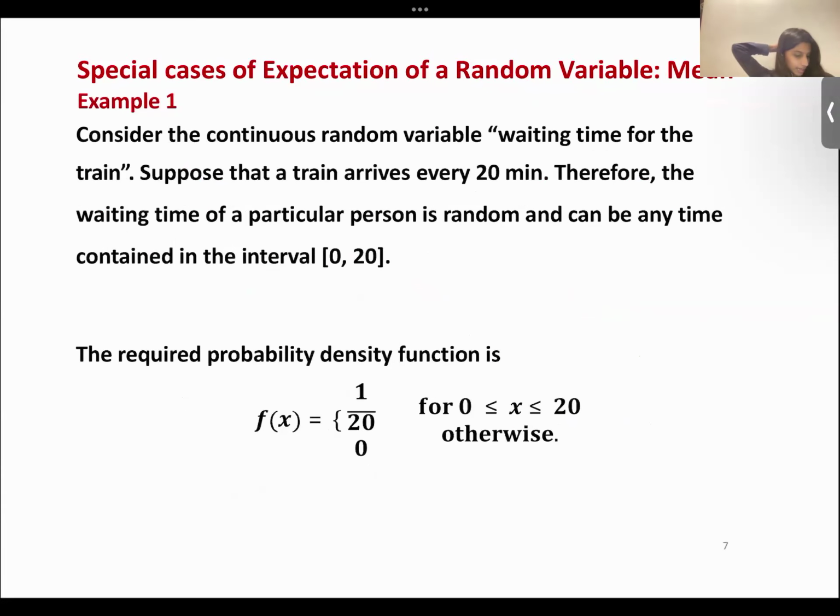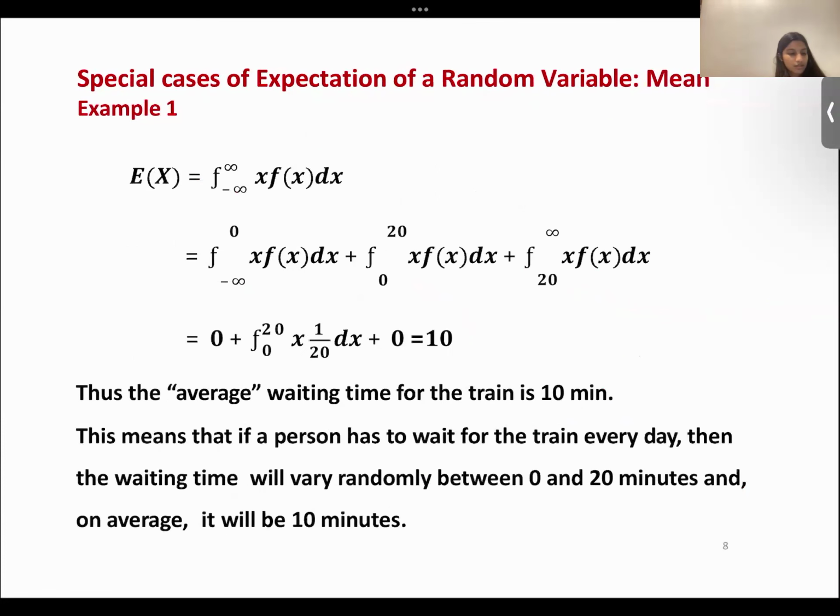So let's look at the example of the waiting time of the bus again. We just computed the probability density function: for any waiting time between 0 to 20, the probability density function is 1 by 20, and 0 otherwise. So how do you calculate the expectation, the average expected wait time?